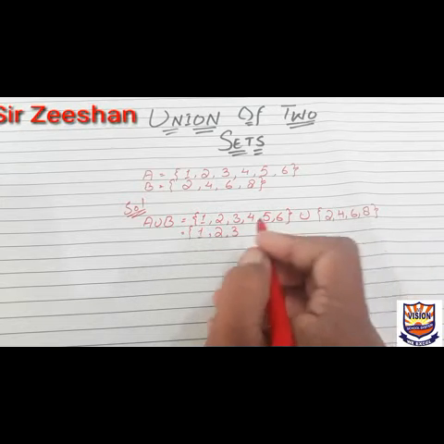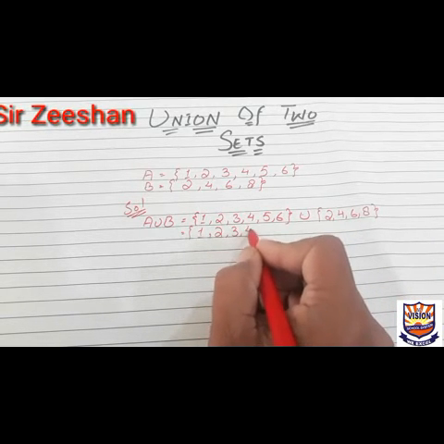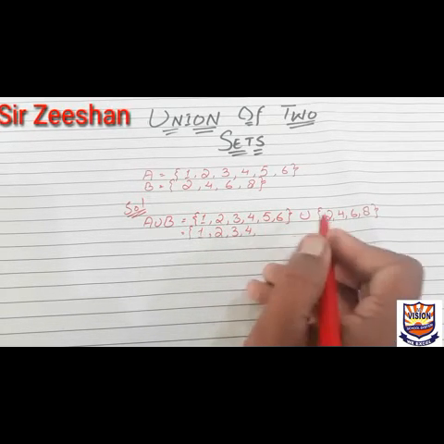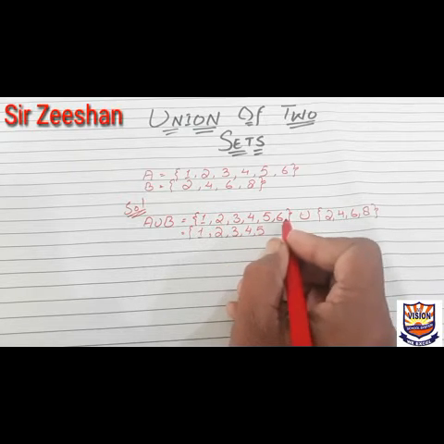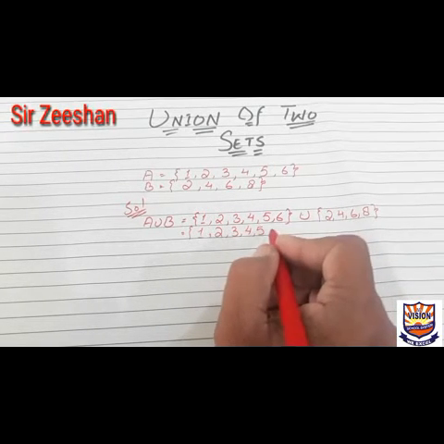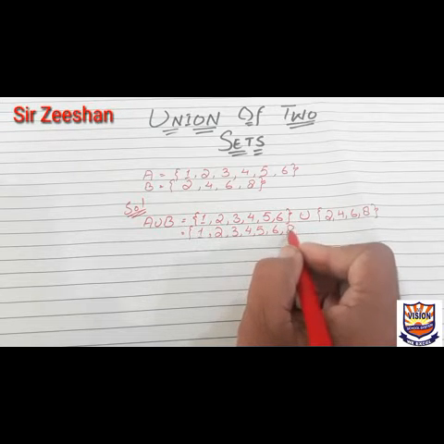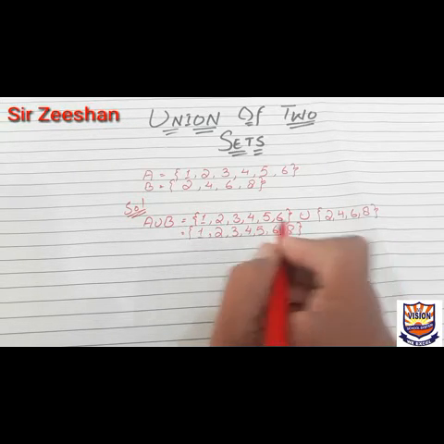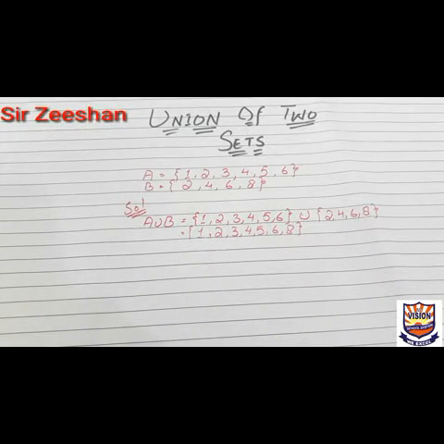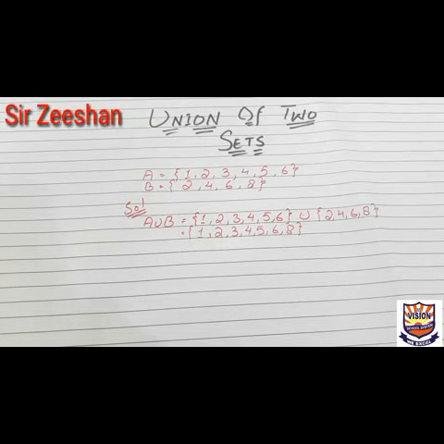Then 4 is repeated in both, but we will write it once. Then it's the turn of 5. 6 is repeated in both, so you will write it once, and the last element will be 8 of set B. So now this is your union of two sets. It's quite easy. Suppose some sets by yourself and find the union of them, and your practice will be very good.